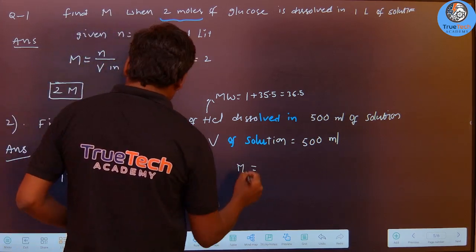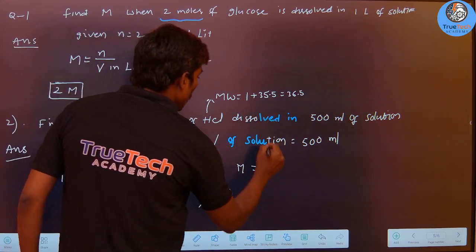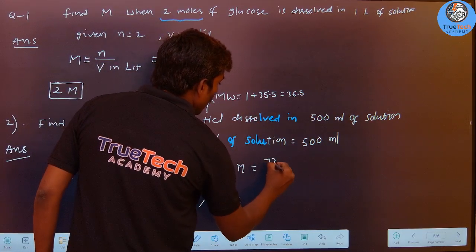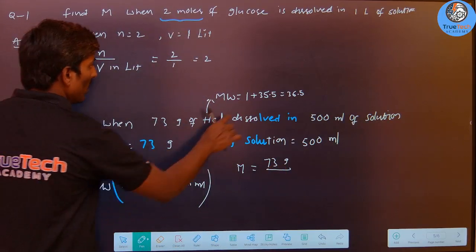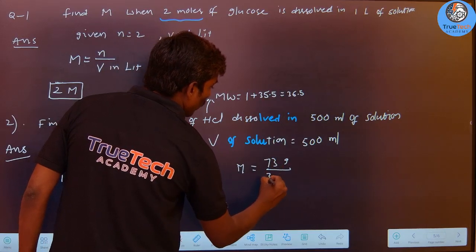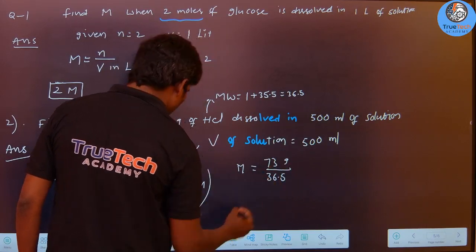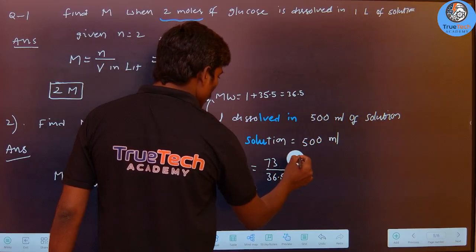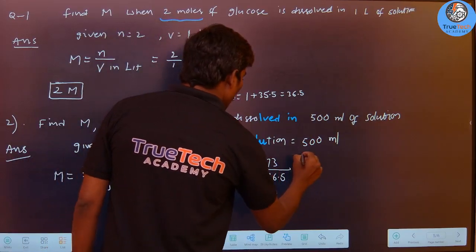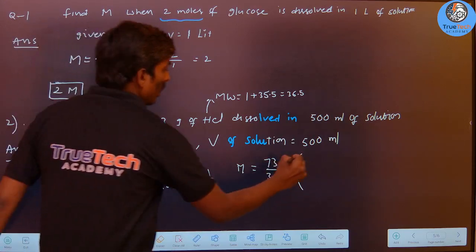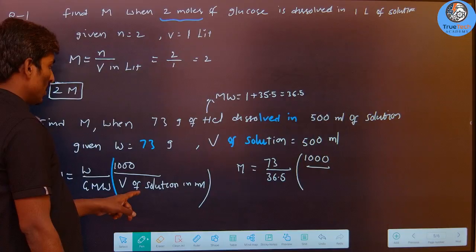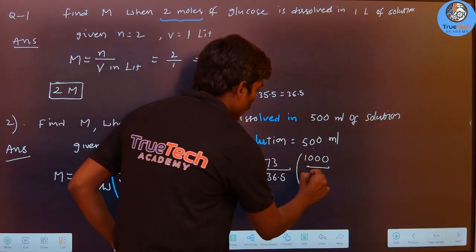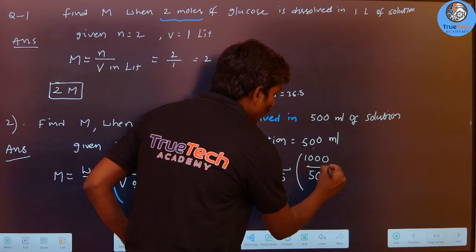Now, what is the formula? Weight is 73 grams. Gram molecular weight is 36.5. Then 1000 by volume of the solution, and what is given? 500 ml.